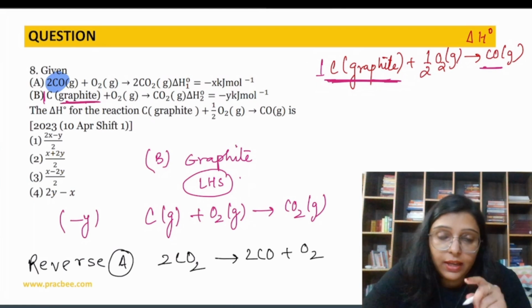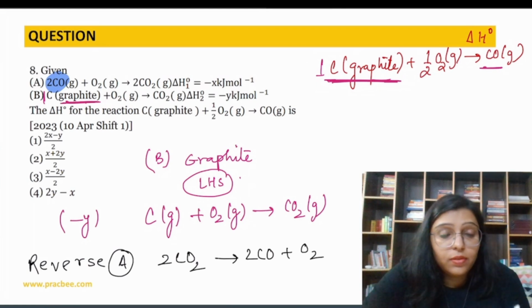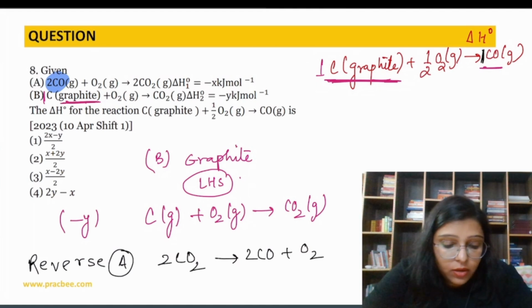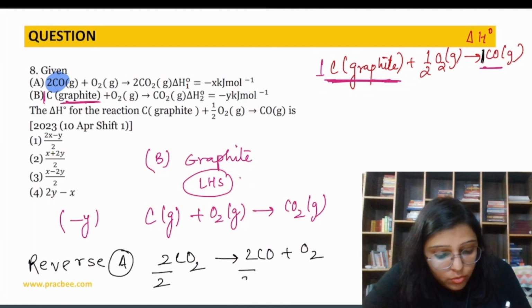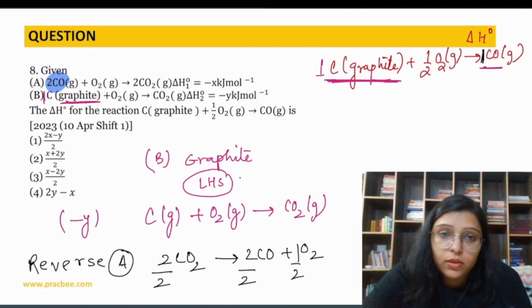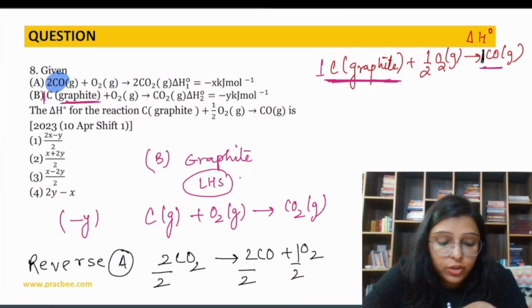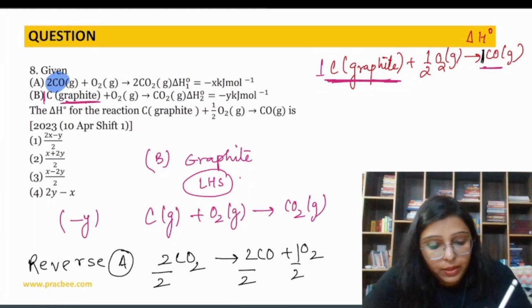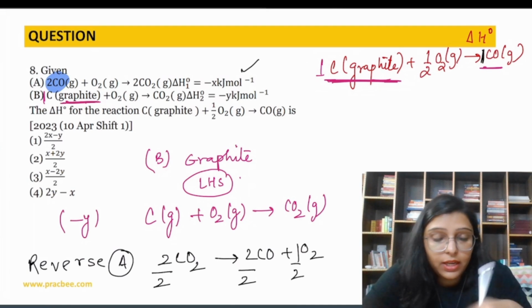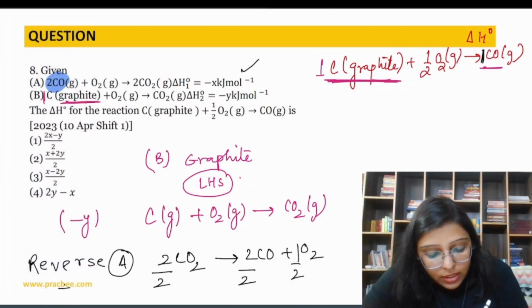But now here the coefficient of CO is 1. So it means I am going to divide this by 2. Now if I divide equation A by 2, then the enthalpy is also divided by 2, and on reversing it is going to be plus X. So enthalpy changes plus X by 2.